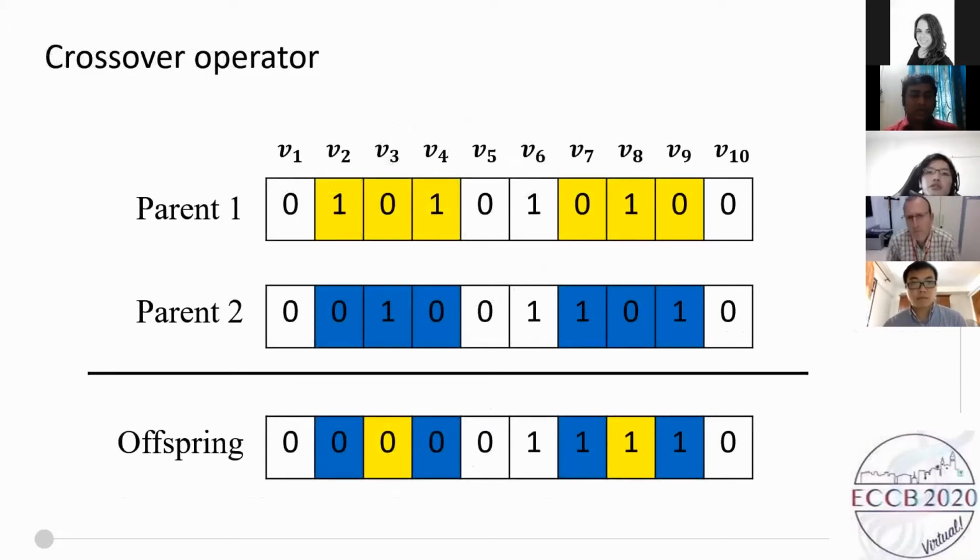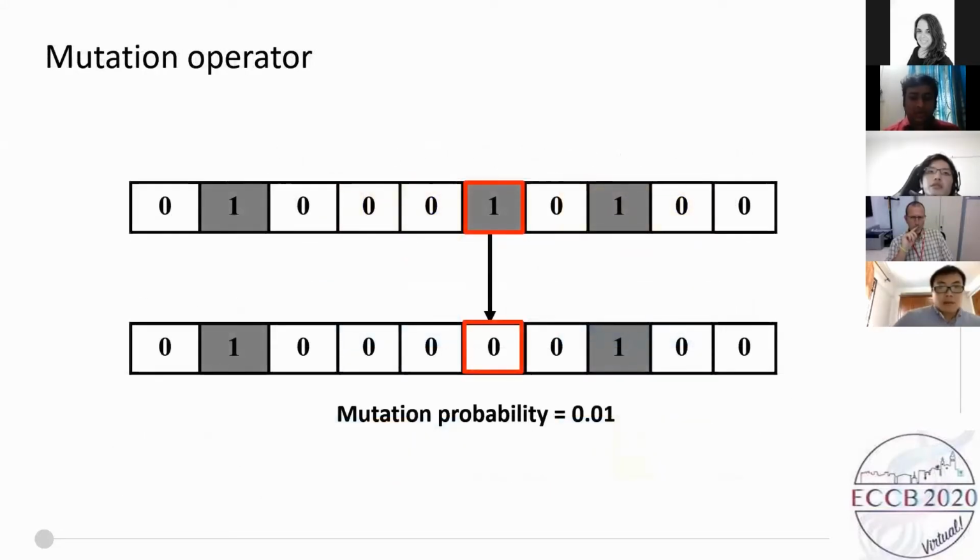Then most studies use a 1-point or 2-point crossover operator. Here we devise a new crossover operator. If the bit value between two parents is the same, it is directly copied to the offspring. Otherwise, a bit value from one of the two parents is selected uniformly at random. Then we use a mutation operator, a uniform mutation operator.